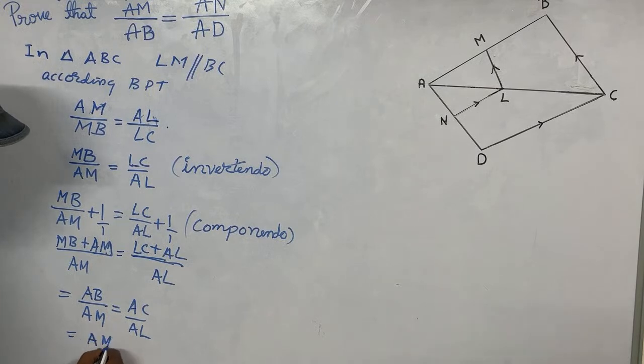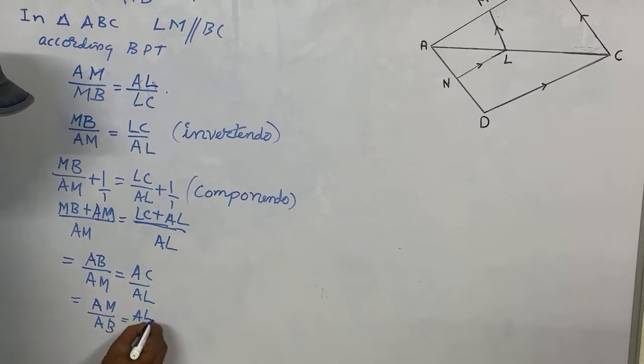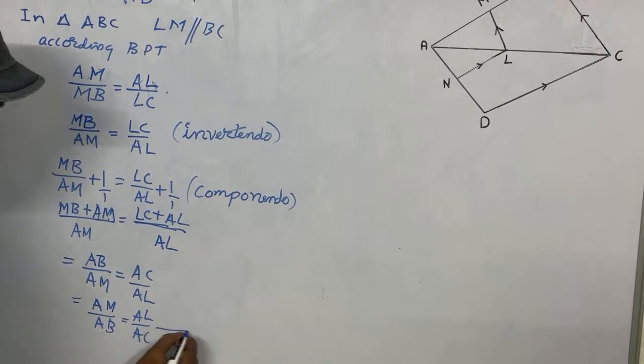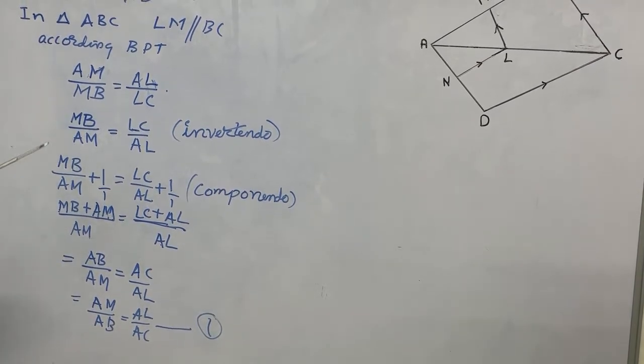This means AM by AB is equals to AL by AC. This is equation 1. To get the equation, what are the steps you have to go through? First you take the ratio. Then go for invertendo, that means reciprocals.